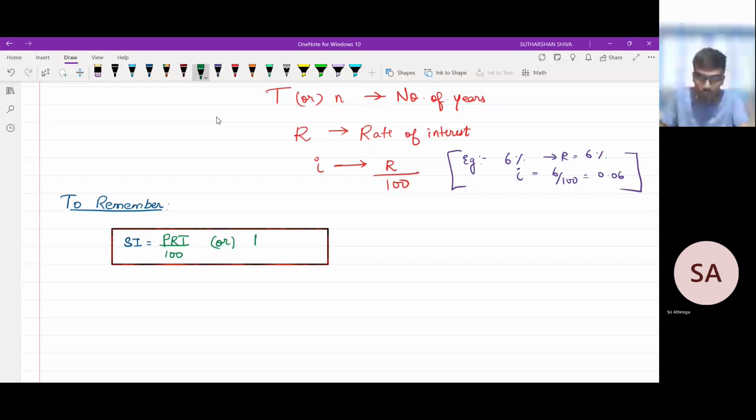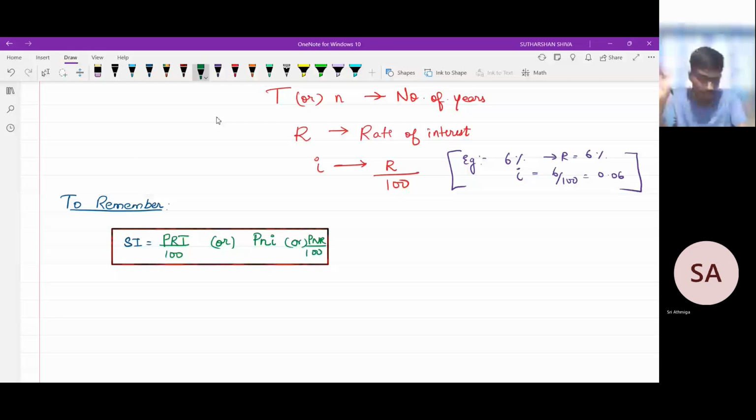Or you can use PNI, or PNR by 100, with N for number of years. In these three formulas, you can use any one.